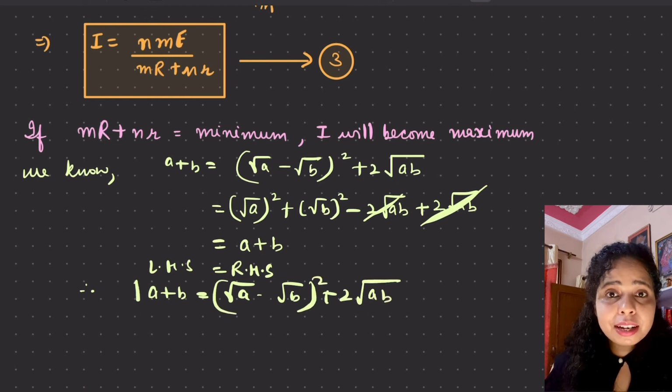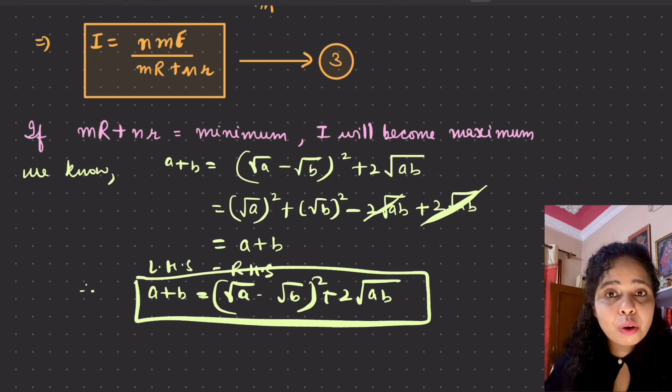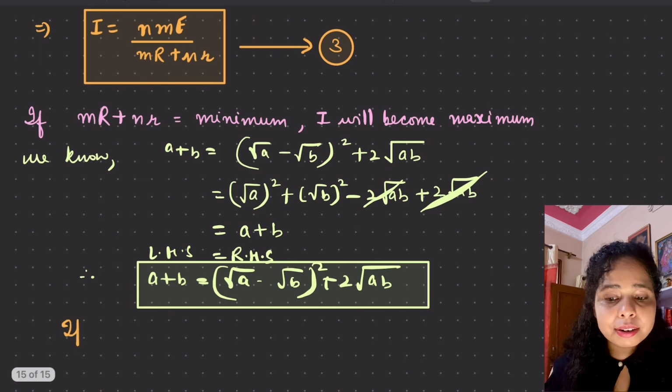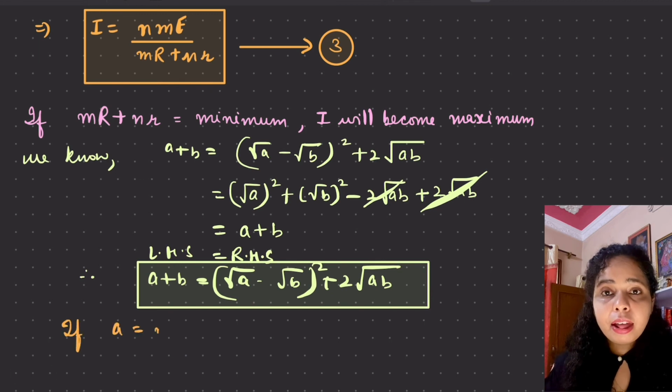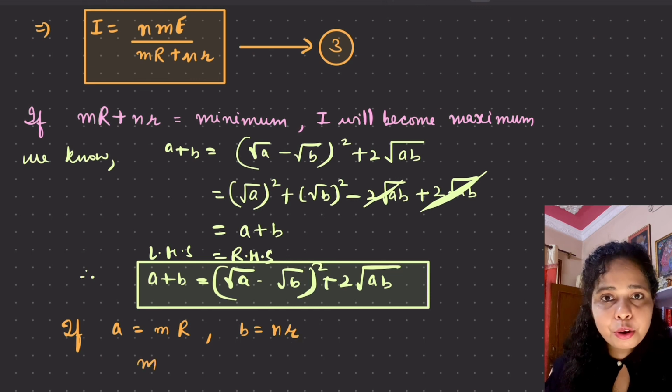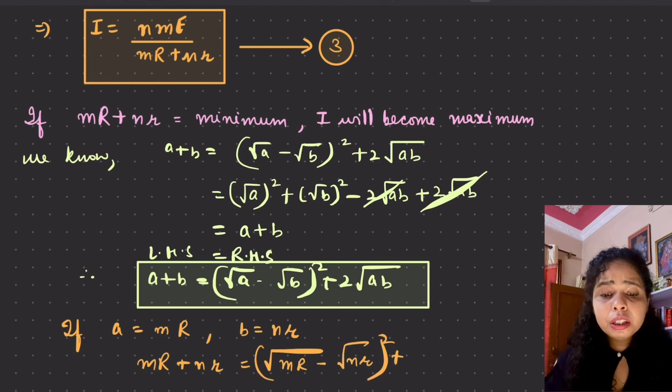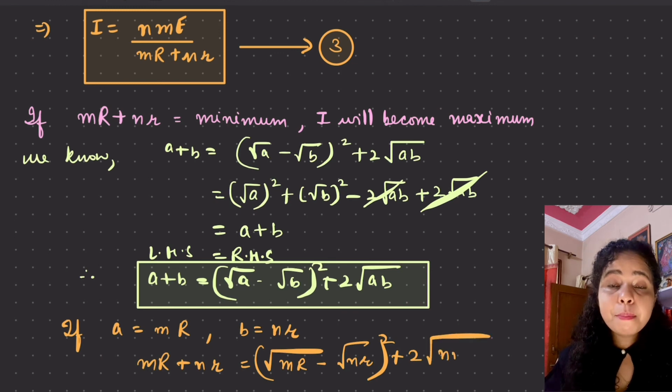Now if we say that a is equal to small m into capital R and b is equal to small n into small r, then we can say m into capital R plus n into small r is equal to under root of mR minus under root of nr whole square plus 2 under root mnRr. Now can this equation become minimum?